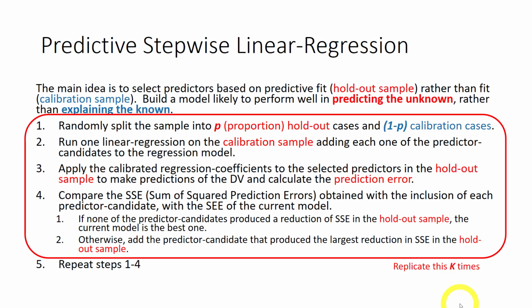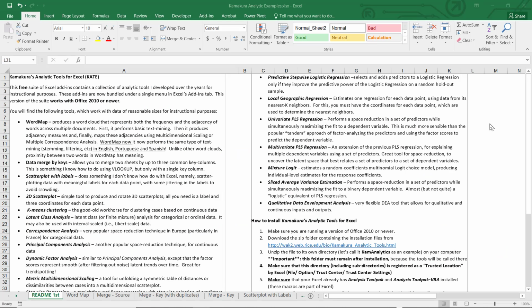Now I'm going to show you how you can run this automatically using my analytical tools for Excel, KATE. For this demonstration, I'm going to use an example you can find in my KATE, Kamakura Analytic Tools for Excel. There is a spreadsheet there that contains multiple examples. And if you navigate through the tabs, you're going to find a tab with a sample data set for predictive stepwise linear regression.